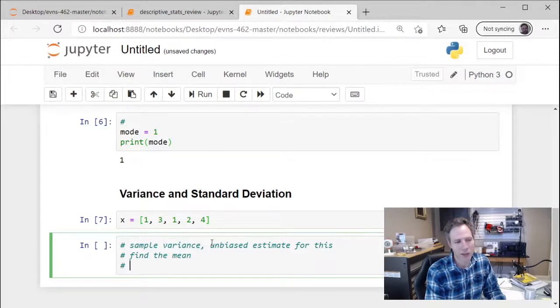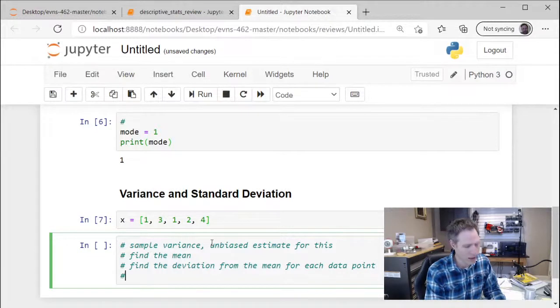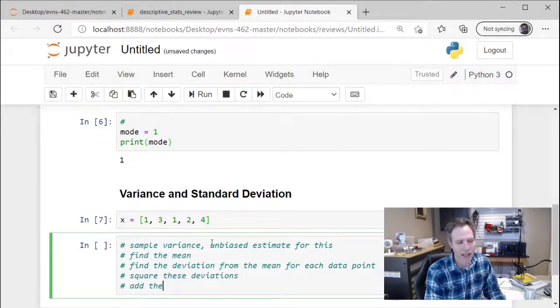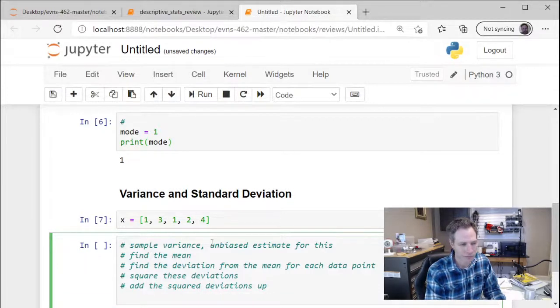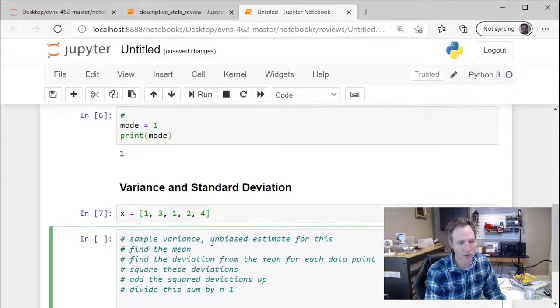The second step is for each data point, find the deviation from the mean. Okay. The next step is to square these deviations and then add the squared deviations up. And then the final step is divide this sum by n minus 1, where n is the number of data points.